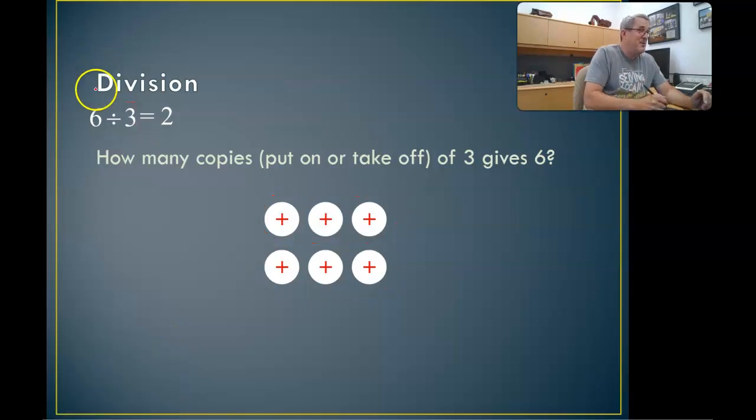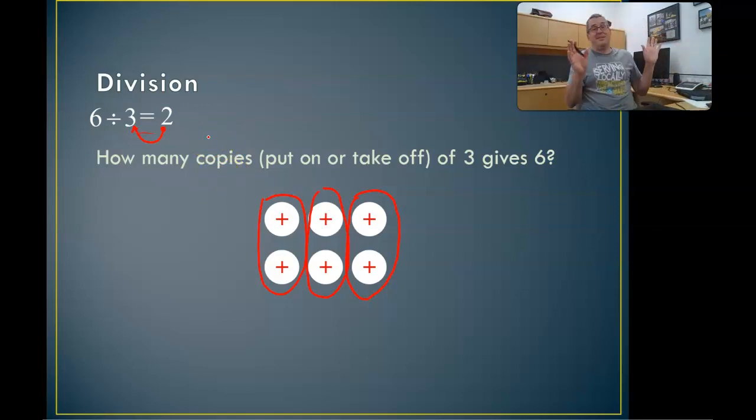But the other way to think about division would be this. I'm going to make 3 groups. How many would be in each group? So I make 1 group, I make 2 groups, I make 3 groups. If I made 3 groups, there would be 2 in each group, with 3 groups to make 6. So there are both ways.